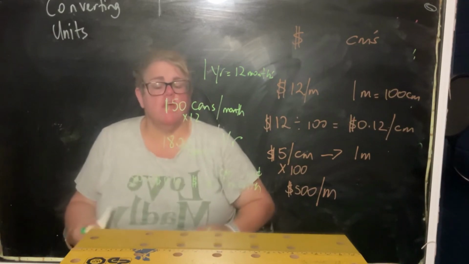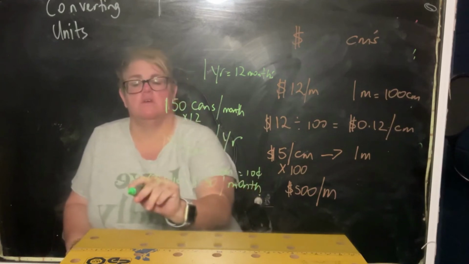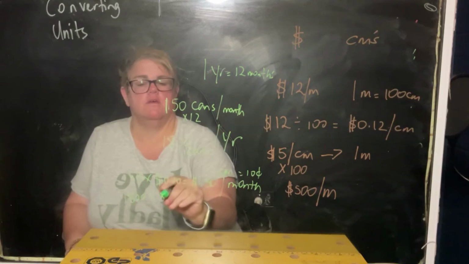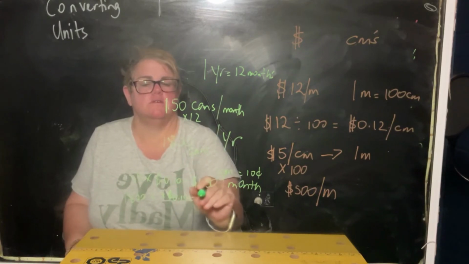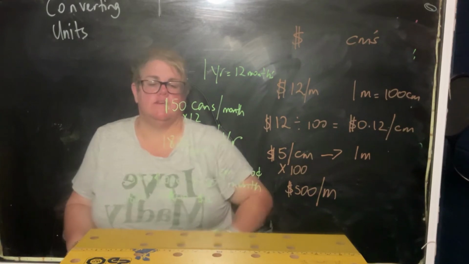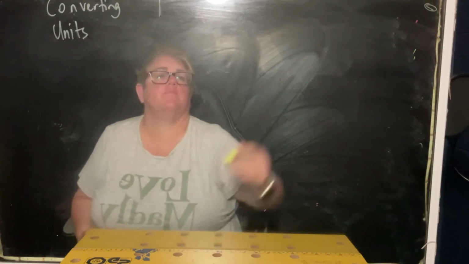Now we may also think, what can I expect over the whole year? So in this case, we would go 1,800, which is what we got here, times by our 10 cents. So in this case, we would get $18.